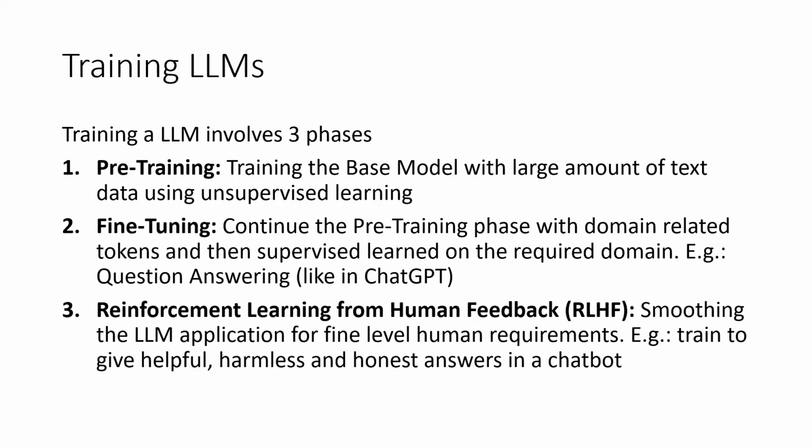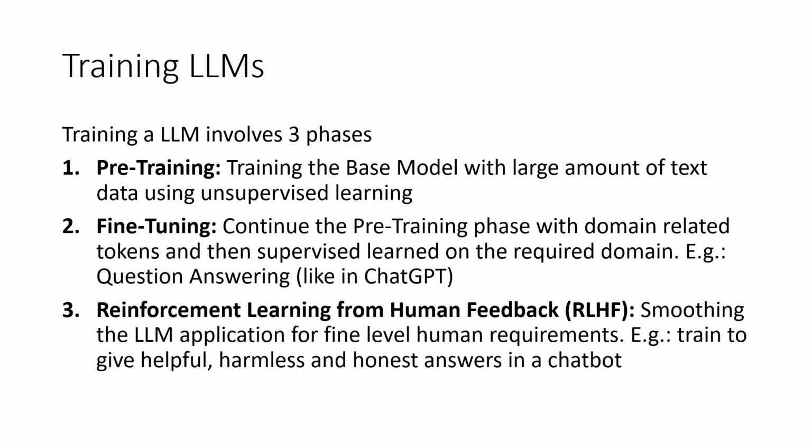So let's see what are the things that you have to do in order to train a large language model. Right? In order to train a large language model, you have to go through three phases.